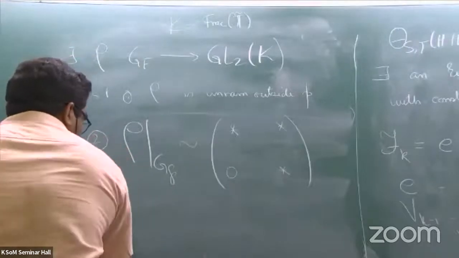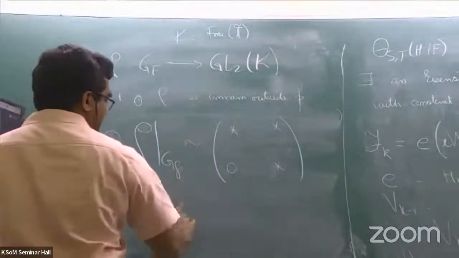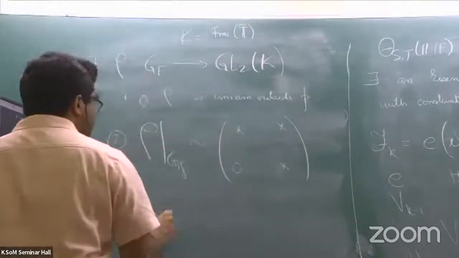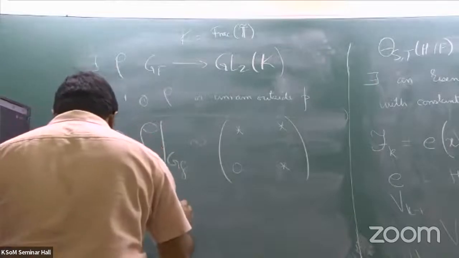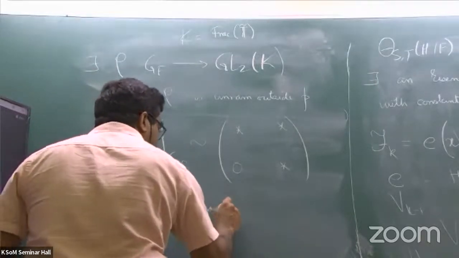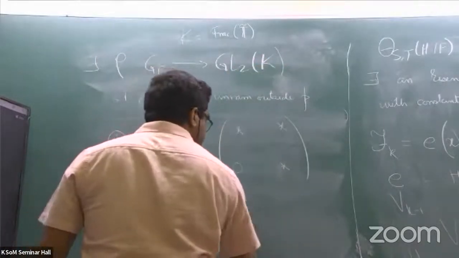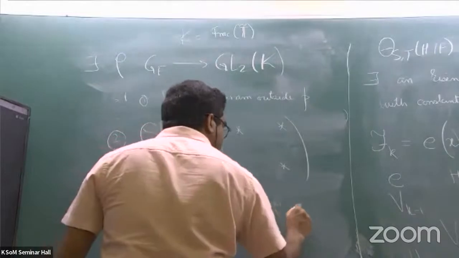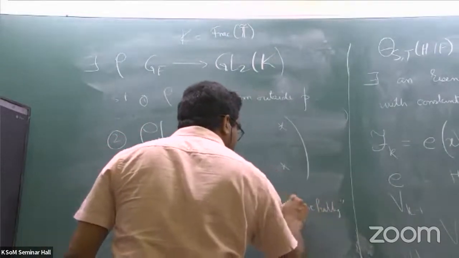So what you do is, let me move on. Choose a basis of this representation. Choose a basis for rho carefully, whatever that means. You have to do it carefully.